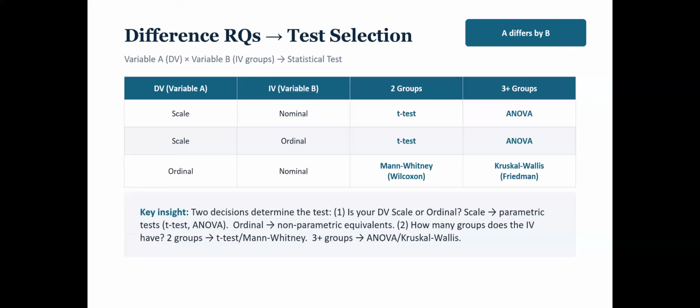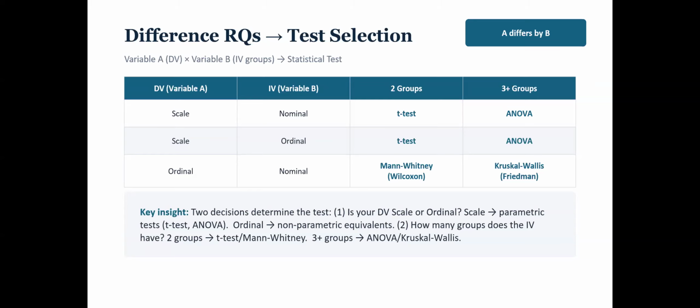The next line is basically the same thing. The only trick is when you get to that third row, the ordinal outcome variable, and when I say ordinal, it should be truly ordinal.